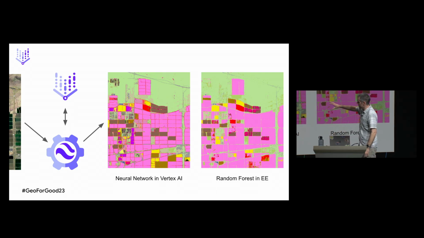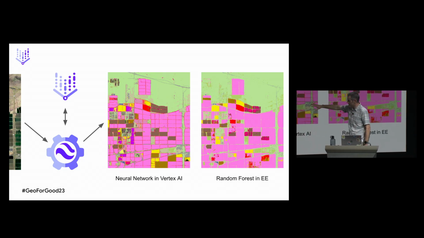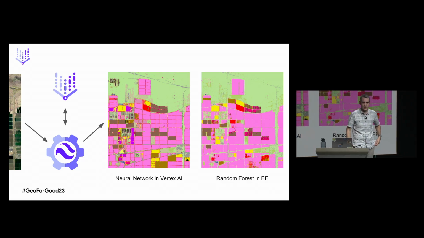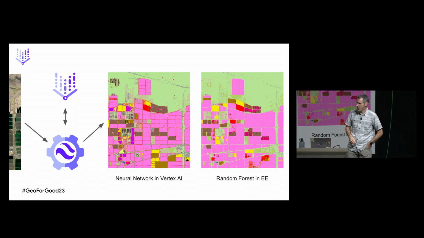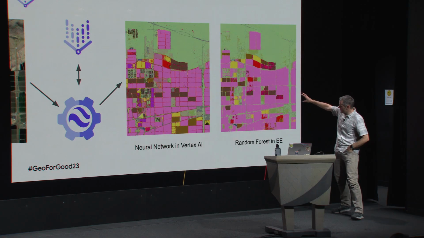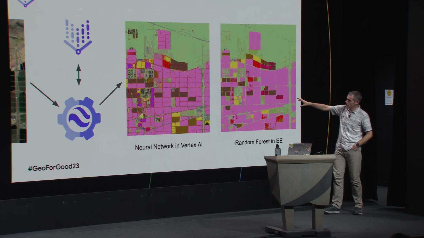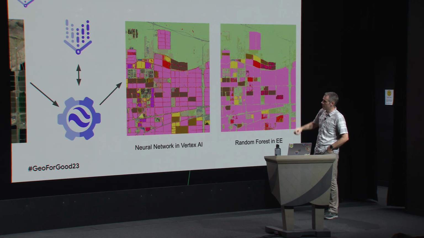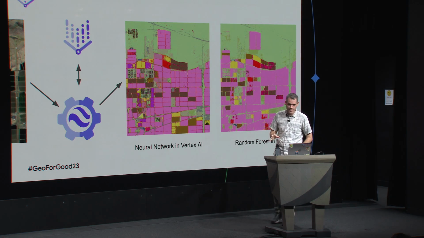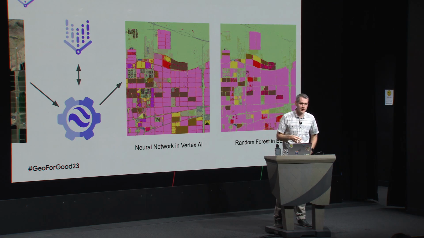So this particular example uses a custom neural network that was developed and then just hosted in Vertex AI. Over here, we just have the normal random forest operations that have been used for a long time in Earth Engine. And so you can see some of the differences there. I won't get into the details of this particular model, but if you're interested in that, please find me afterwards.